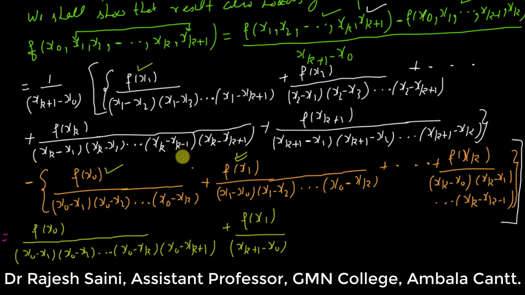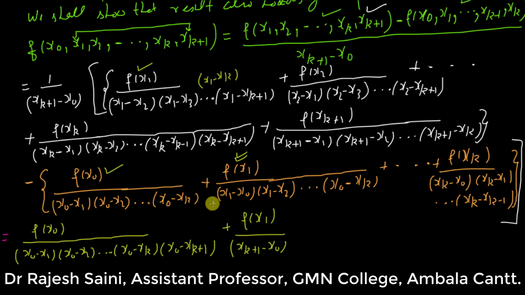Now what we will get? x1 minus x2 is here, x1 minus x3 will also be here, up to x1 minus xk.